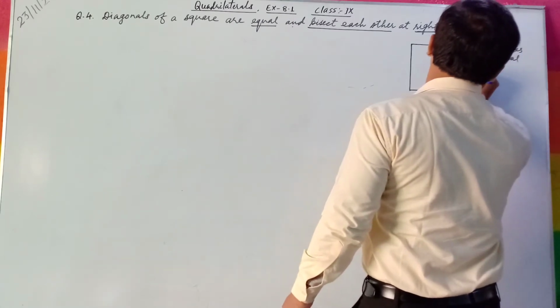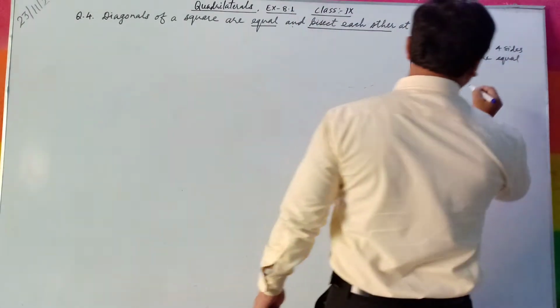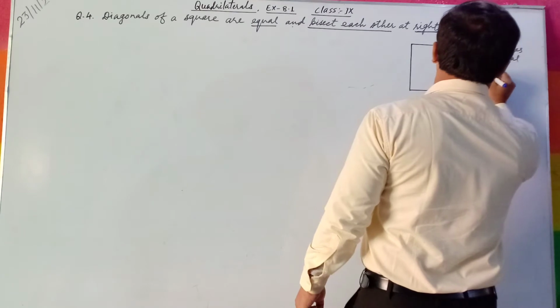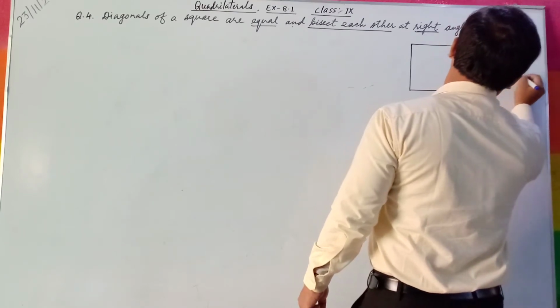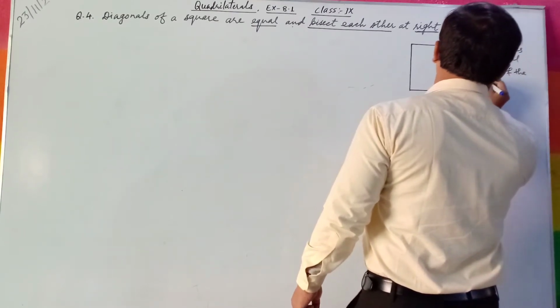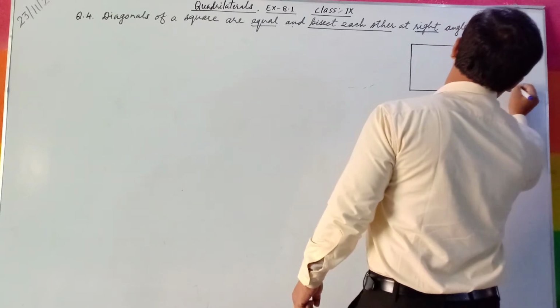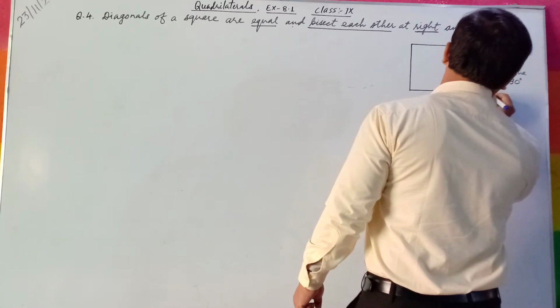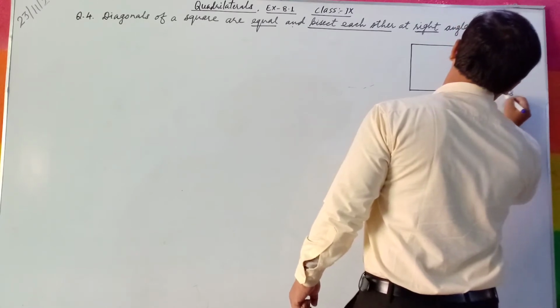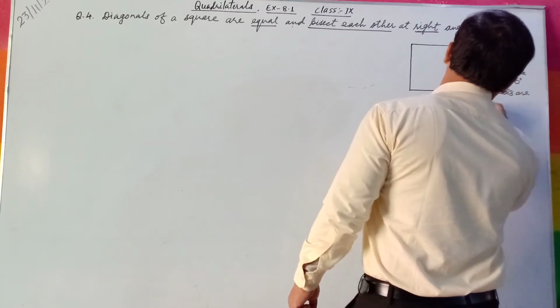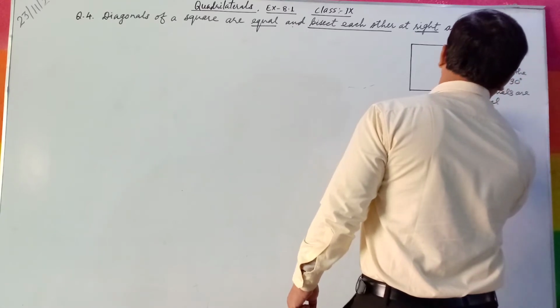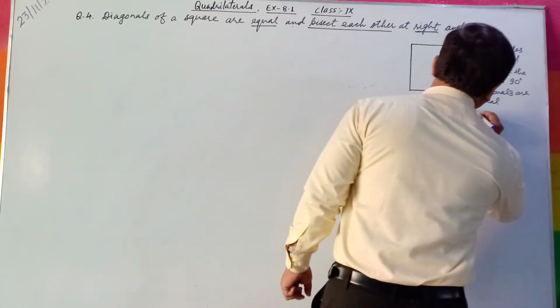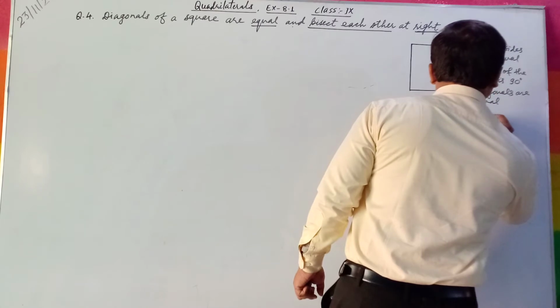Second I told that each of the angles is 90 degrees. Third I told diagonals are equal. And fourth I told diagonals bisect each other at right angle.